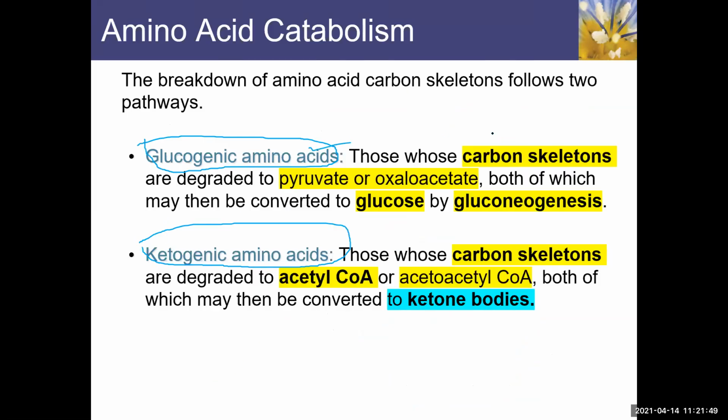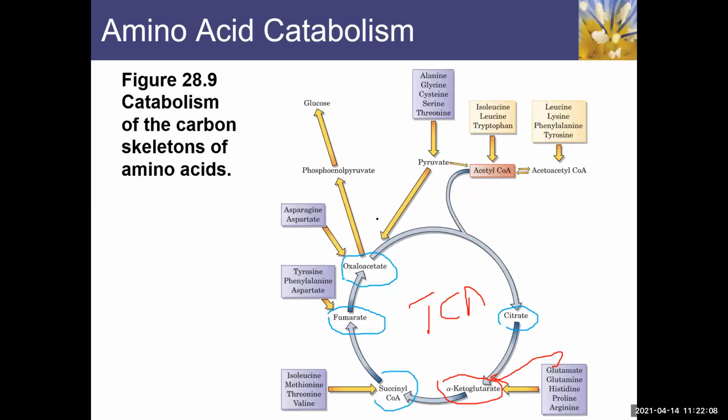Those amino acids where the carbon skeleton, after removing the ammonium ion, is used to produce what? The pyruvate or the oxaloacetate. So they can be degraded not only to pyruvate and oxaloacetate, these amino acids can also be degraded to other intermediates of the TCA cycle, be that your oxaloacetate, fumarate, succinyl CoA, or alpha ketoglutarate, right?